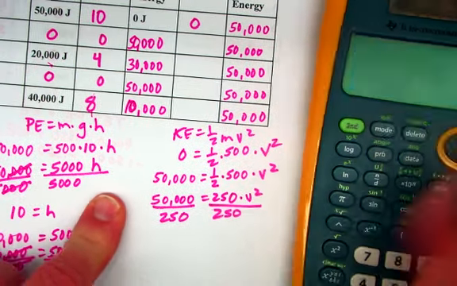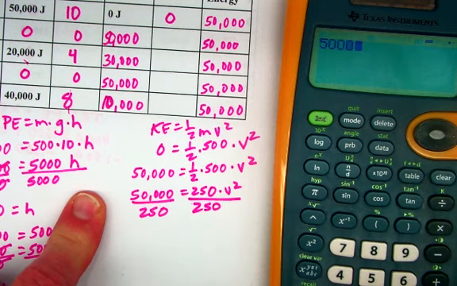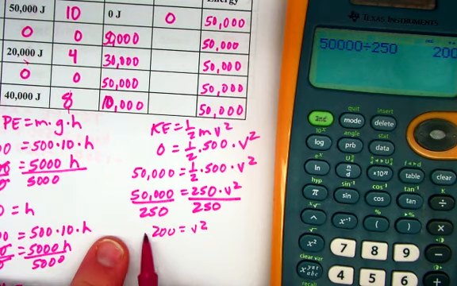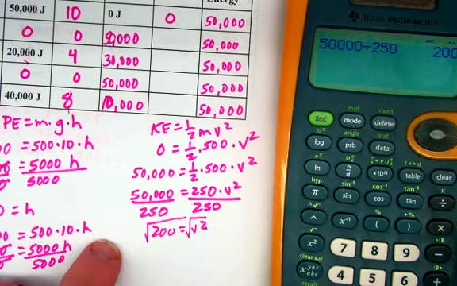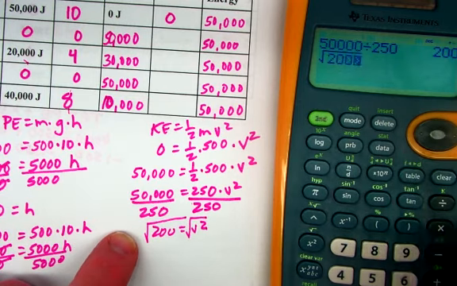So if I take 50,000 divided by 250, I get 200 equaling V squared. Then I've got to take the square root of both sides. So square root, second function button gets me there, and I can enter 200.